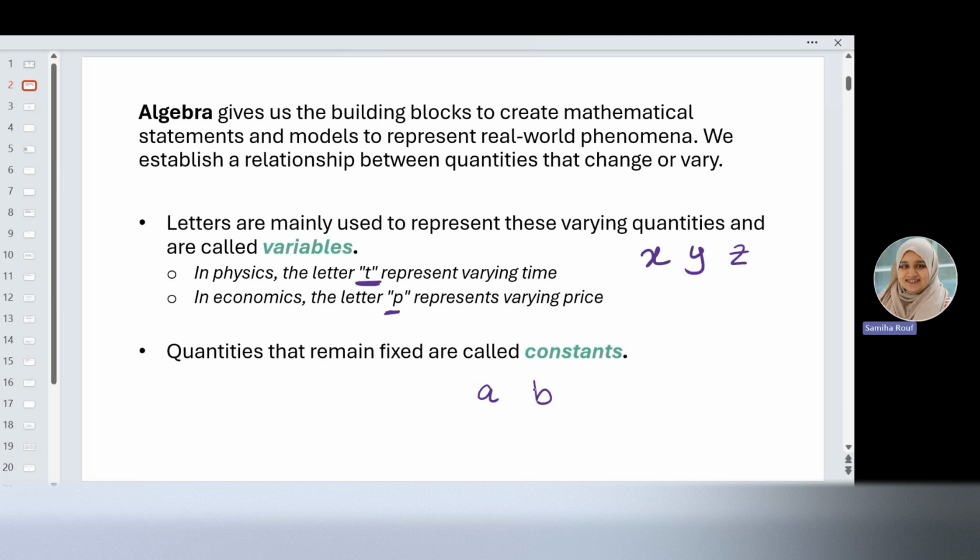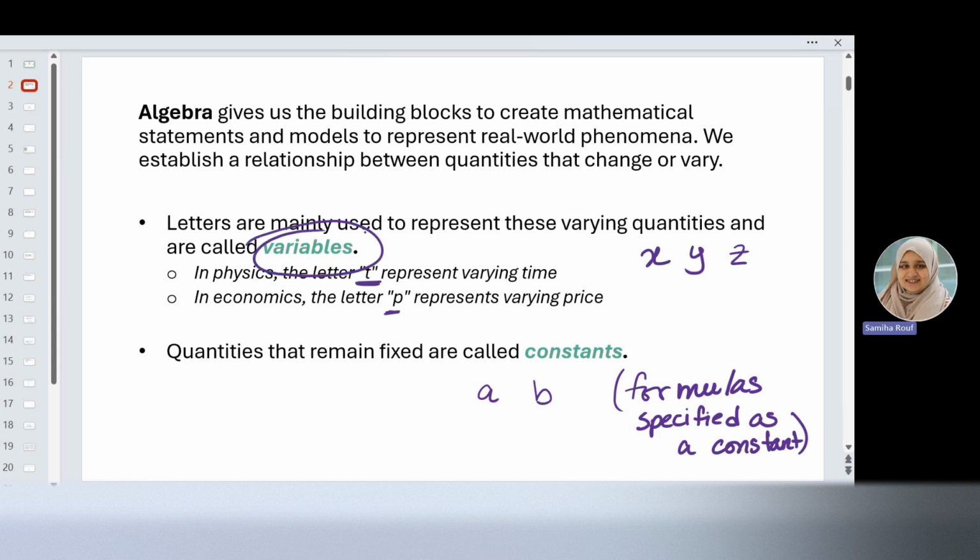Generally, if you see a letter in an equation, it is representing a variable. Constants represented as letters will occur in formulas, and usually it would be specified that it's a constant. But at the moment, in the examples we're looking at, we're considering all the letters to be variables.